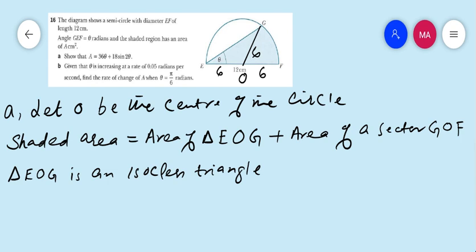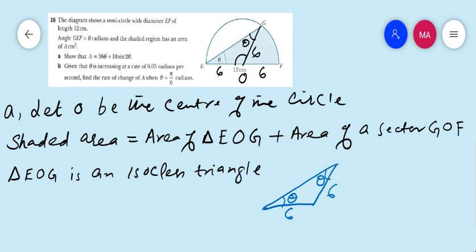If the spelling of isosceles is not correct, kindly ignore it. So if this angle is theta, see the diagram, focus on the diagram. If this angle is theta, then this angle is also theta. So what should be the value of this angle? Angle at the center. So in a triangle, if I draw roughly this triangle over here, this is 6, this is 6, this is theta, this is theta.